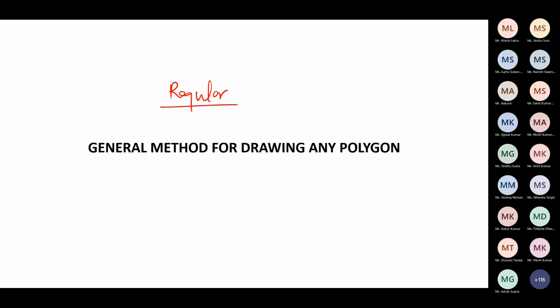All the sides are equal, like an equilateral triangle. That is correct. So here we are focusing on the drawing of regular polygons. In most of the cases, the geometries we use are regular.